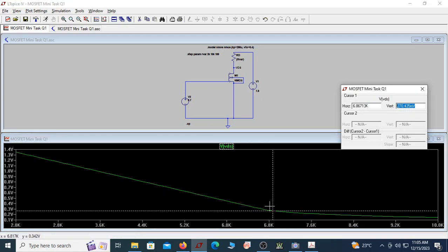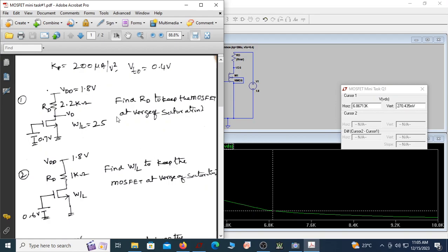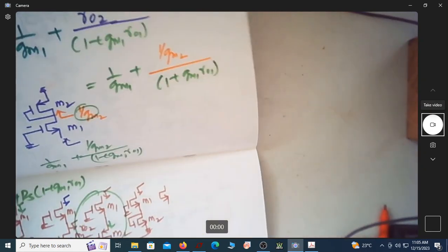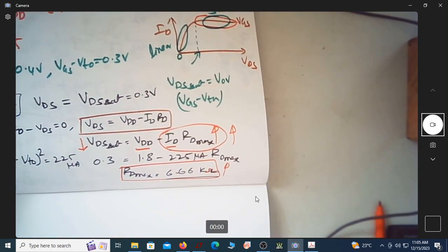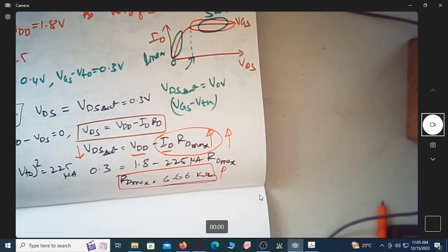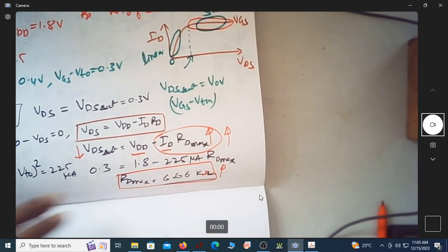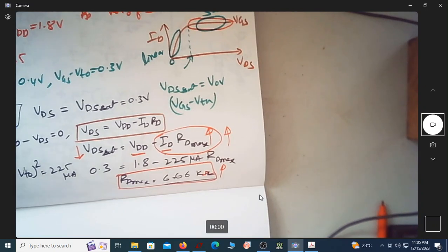So the MOSFET is now in the linear region. The question was to find the value of RD to keep the MOSFET at verge of saturation. The answer is 6.66 kilo ohm, as per this solution.